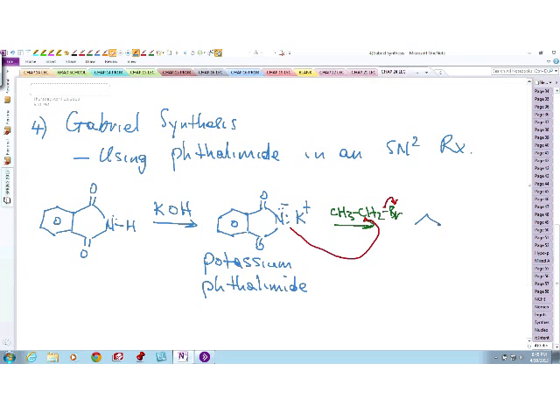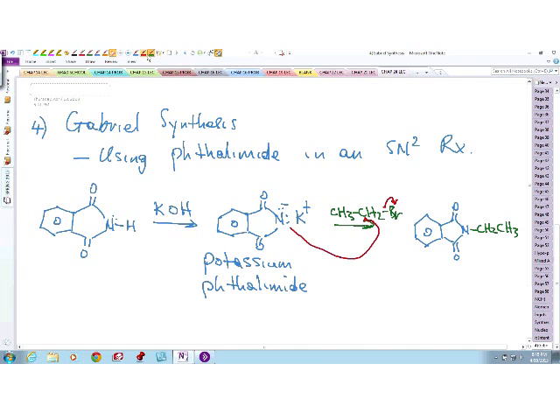We have this here, N-ethyl phthalimide. And because we have now alkylated this, notice what we can do here. Your imagination is the limit here.